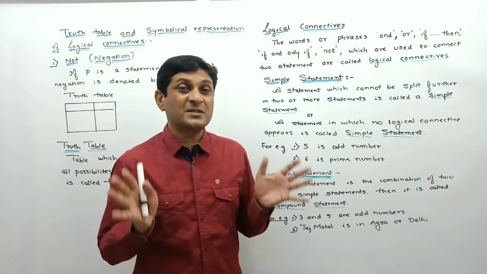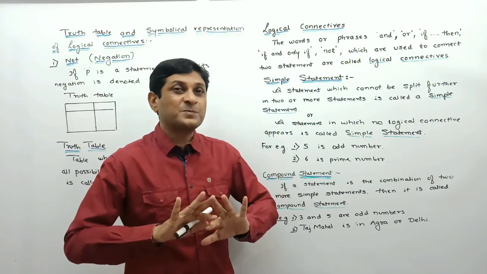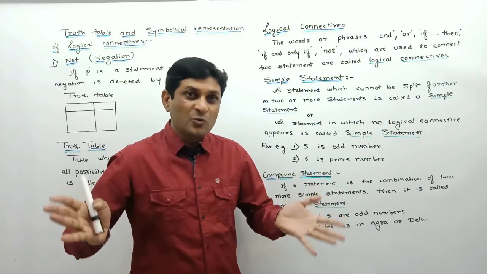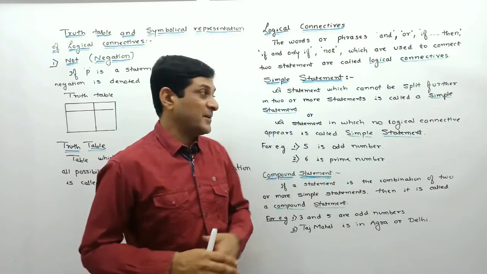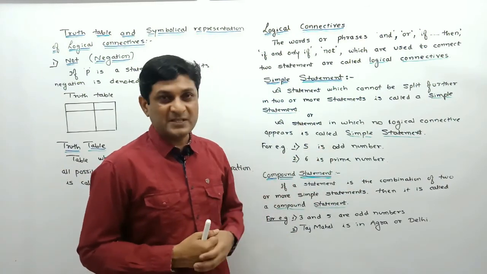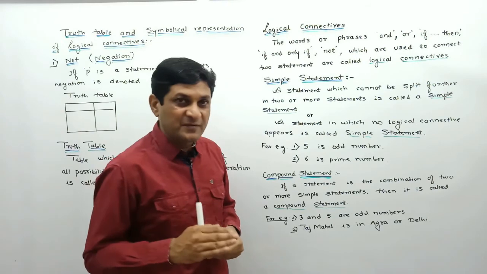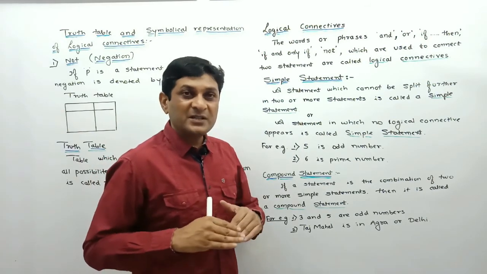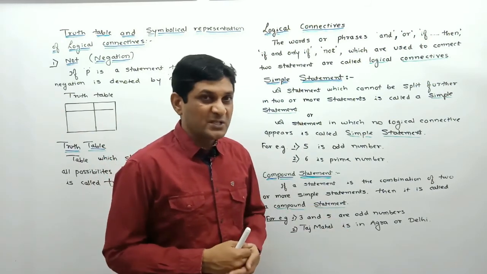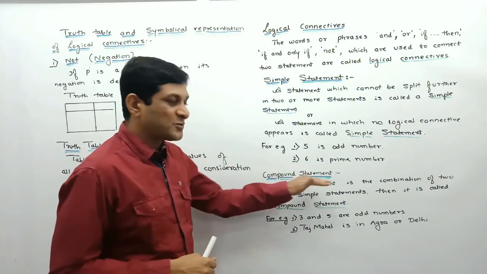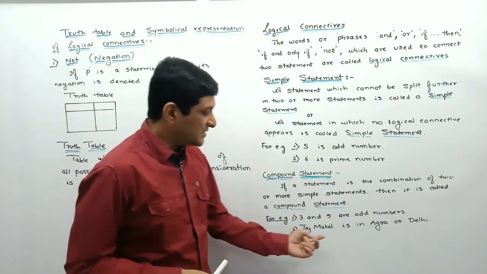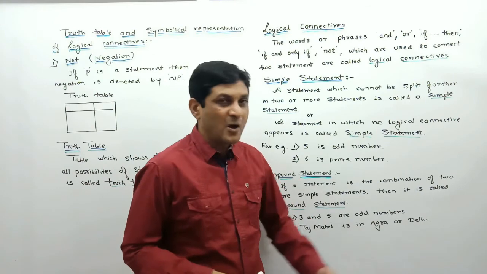A compound statement means such a statement which can be further split up into 2 or more simple statements. If one statement is given to us and it can be split up into 2 or more statements, then it is called a compound statement. Just take an example: Taj Mahal is in Agra or in Delhi.